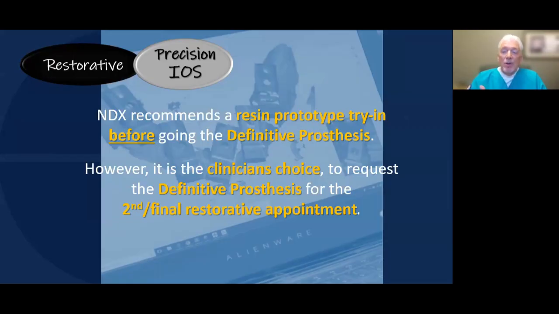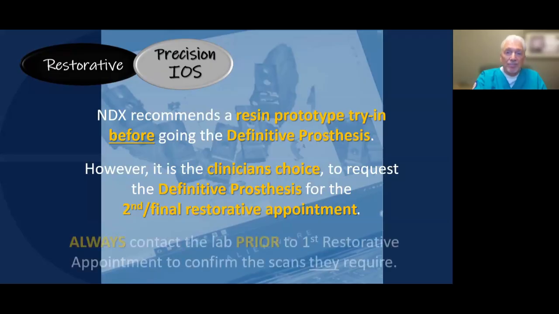If you're happy with the provisional, the patient's happy with phonetics, aesthetics, tissue adaptation looks good, bites good, and you're ready to go to final, you can do that. So your second appointment after this first appointment of the records could be deliver a final. But again, we do strongly suggest doing the resin prototype try-in, which I'm going to show in my presentation.